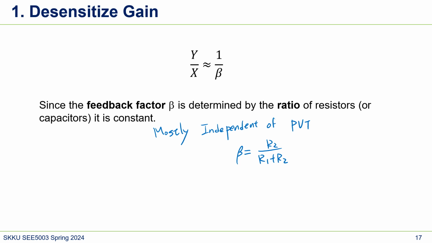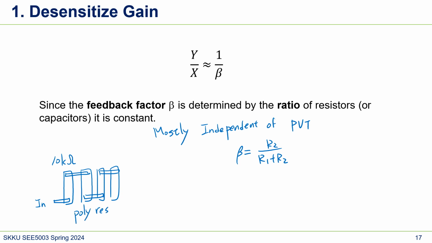In actual chip design, the way we make a resistor is, let's say this is a 10k ohm resistor, and we use multiple parts of this 10k. Here's the input, and then we just connect them through the metal. This resistor can be, let's say, a poly resistor. Let's say A and B, each of them 10k.